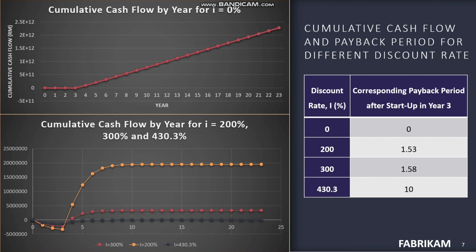Based on the table on the right side, i equal to 200% brings the payback period of 1.53 years, while the discount rate of 430.3% brings the payback period of 10 years. This shows the distinct differences between the discount rates. The huge discount rates are mainly due to a high annual revenue from sales, yet low manufacturing costs. Thank you.